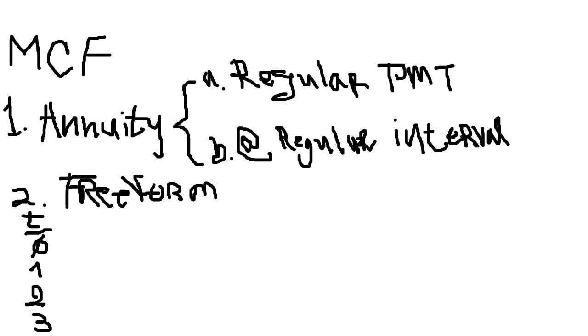So suppose at time 0, you made a deposit of 1K, and at the time, the interest rate was 5%.